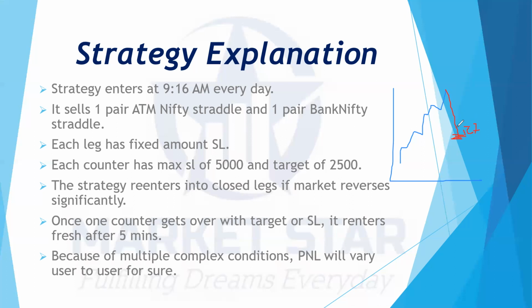For user B, since the re-entry point was 127, it will re-enter, and for user A, since the re-entry point was 125, it will not re-enter. After 126, suppose the market is moving upward again, so whichever user has re-entered will make a little bit of loss. But for whom re-entry has not happened, user A, this loss will not be counted.